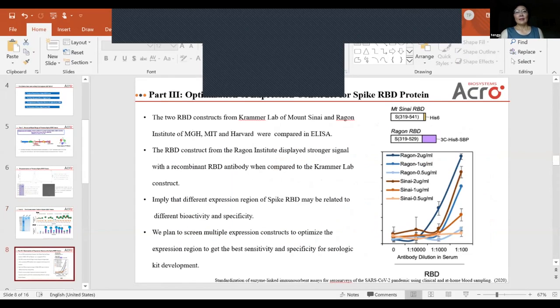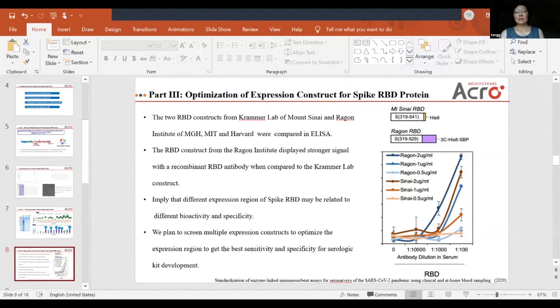And in these slides, we're going to tell you some of the efforts we have made to optimize the expression constructs for the spike RBD protein. Since RBD protein can be used for developing vaccines, therapeutic antibodies, or diagnostic tests.